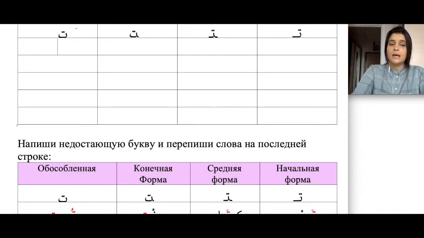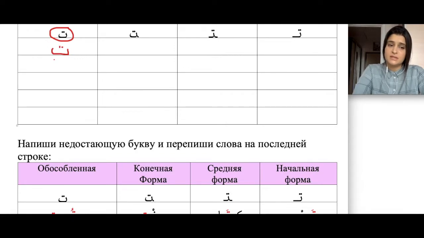This is letter Ta when it is by itself. It is not connected with any other letters. If we want to write this letter, we will have to write it like this. You can see in the books there are two dots above letter Ta.